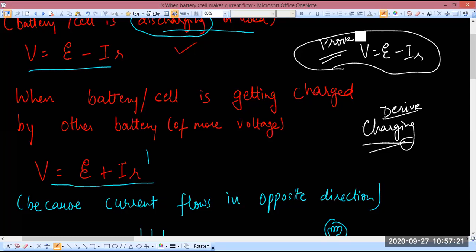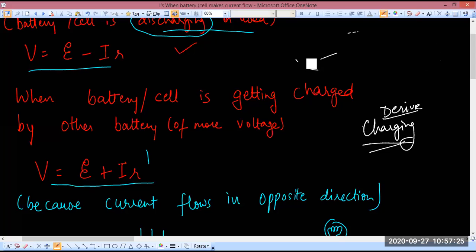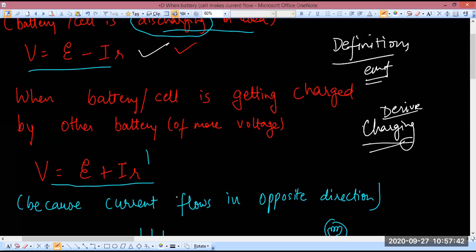Most of the times, direct or theory questions from this topic are definitions. The three definitions: what is terminal voltage, what is internal resistance, and what is EMF. EMF is everybody's hot favorite definition. બાકી આ formula આવડવી જોઈએ ખાસ, right? The formulas are important because we use them in numerical.